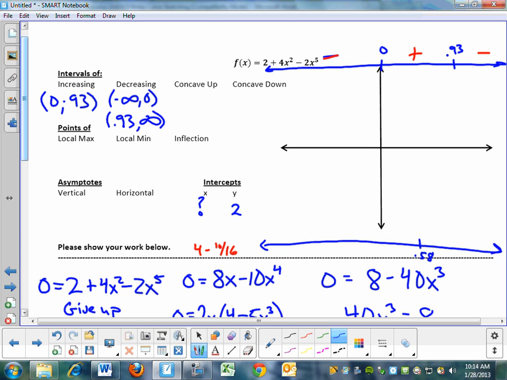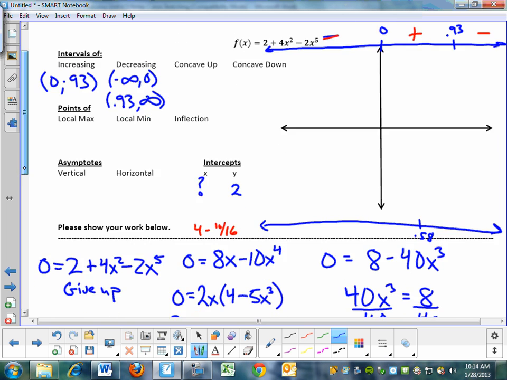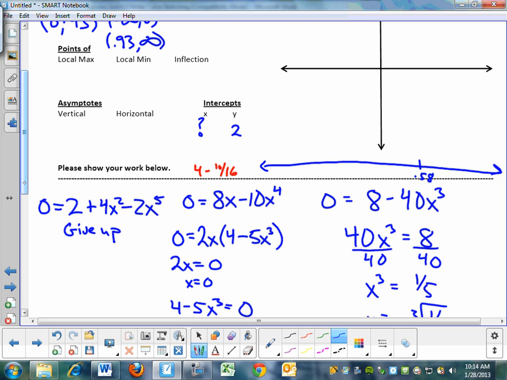Good. In order to check for concavity, I have to test the bottom. What's a point to the left of 0.58 I can plug in? 0 is a great number to plug in. 8 minus 0 will be positive, so I am concave up. Now let's plug in a number to the right of 0.58.